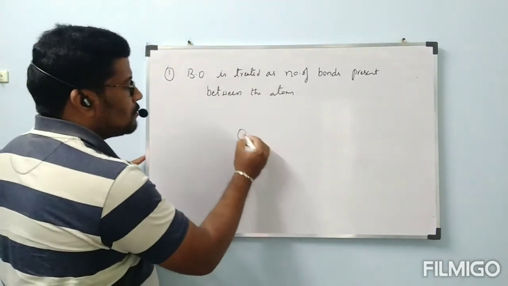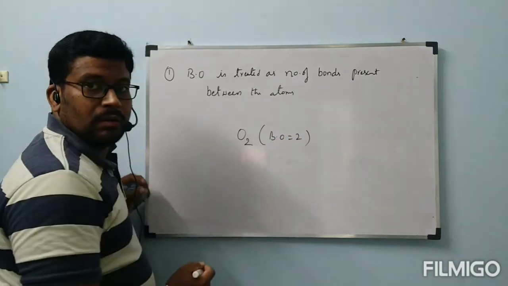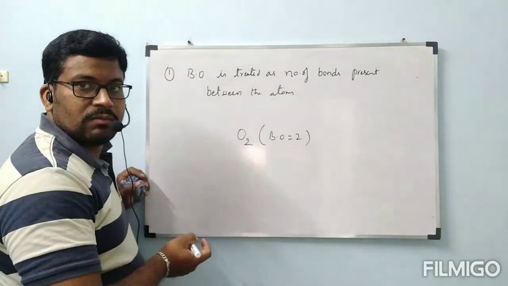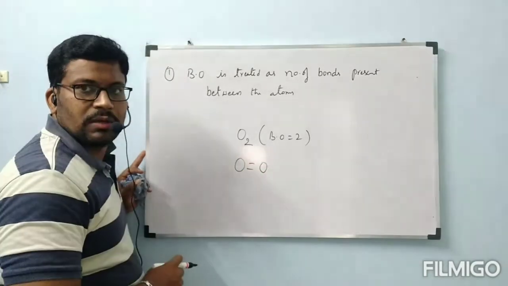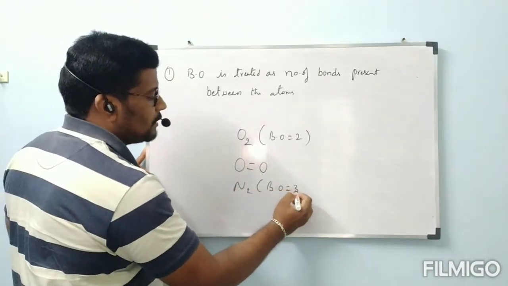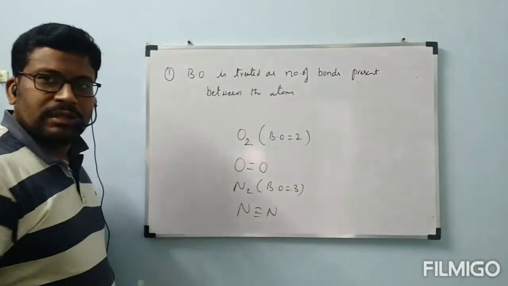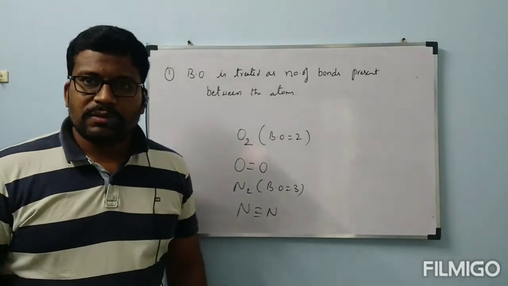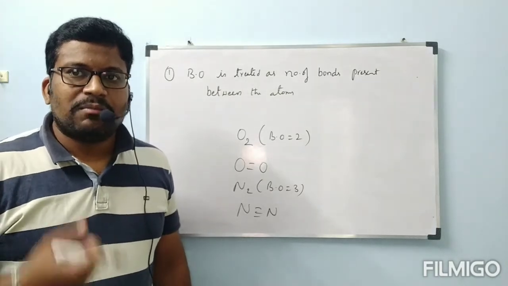Suppose O2 molecule bond order is equal to 2. Normally we have seen O2 molecule bond order is equal to 2. We have a double bond in oxygen molecule. N2 bond order is equal to 3. Then we have N triple bond N. Like that, by using the bond order we can say number of bonds present in the molecule.